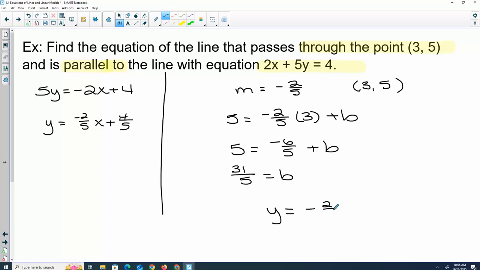The equation right now was negative 2/5 x, y-intercept 31 over 5.